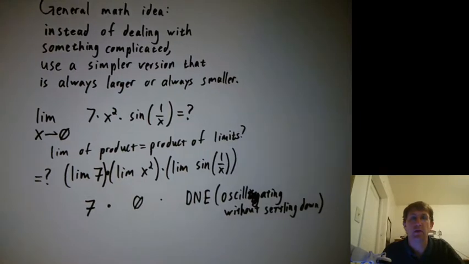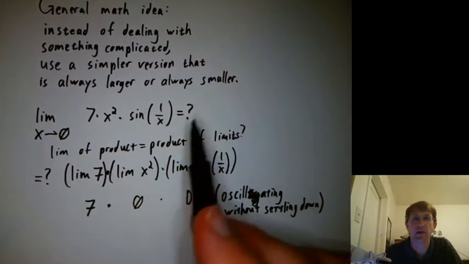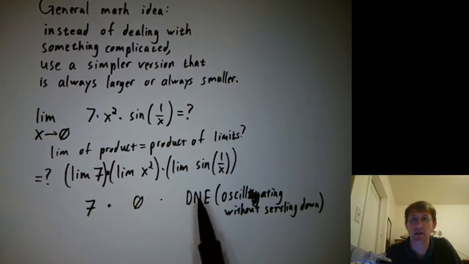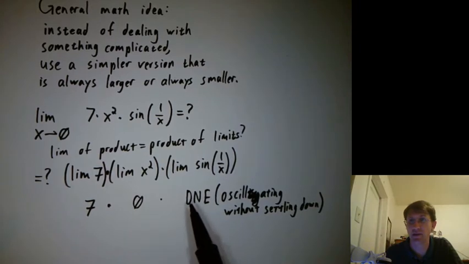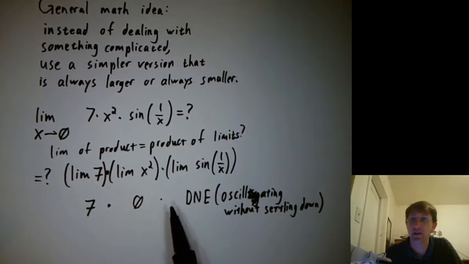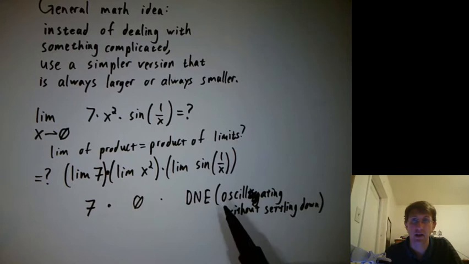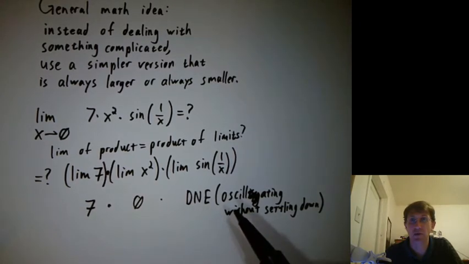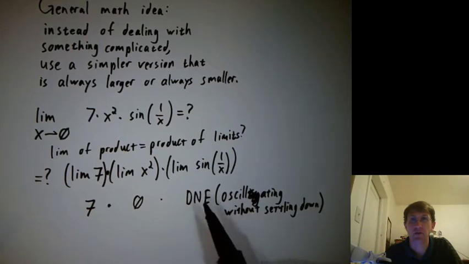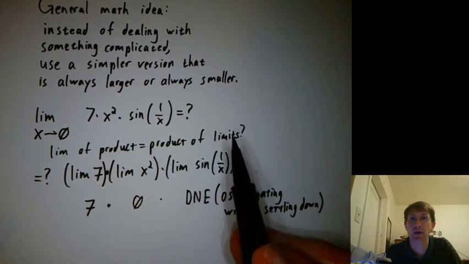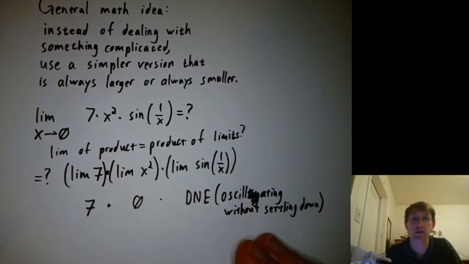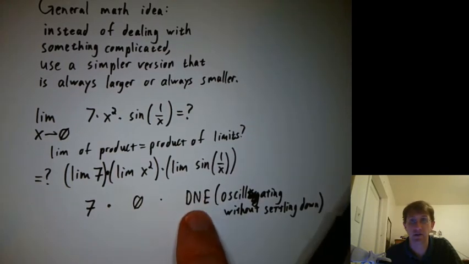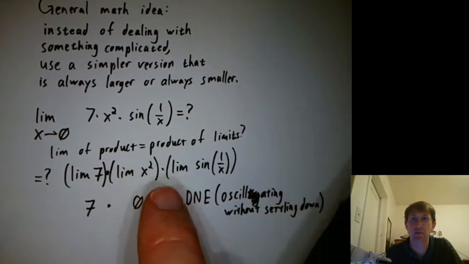So do we have that this limit is 7 times 0 times DNE? What is 7 times 0 times DNE? Well, some people say 0 times anything is 0, and other people say DNE times anything is DNE. Which one of those works here? Remember, the limit of a product is only the product of the limits if all the limits exist, and here we have one that doesn't exist. So we can't stop here.